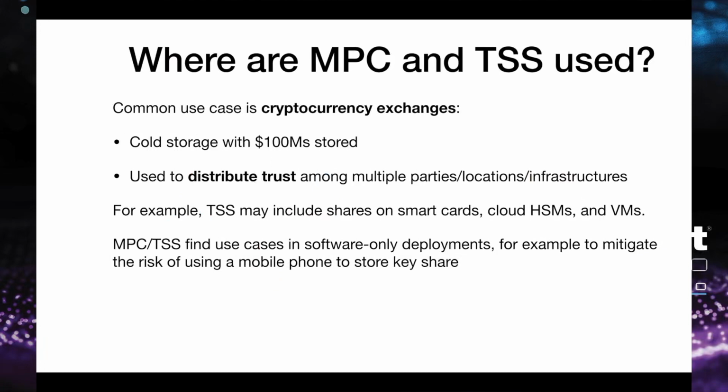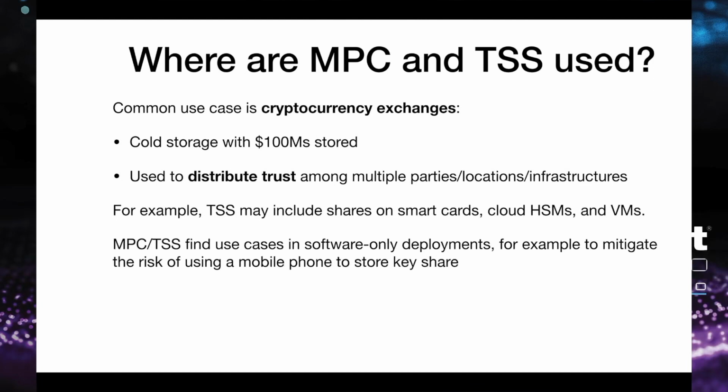So MPC and TSS is not just something that people write research papers about. It's something actually used in real systems, in real cryptocurrency exchanges. And a typical use case is cold storage systems where you have sometimes a single key, a single account that stores really tons of money, typically tens or hundreds of millions. So in this case, you want to make sure that the access to these funds, the access to the key, is distributed among multiple parties, locations, infrastructure.